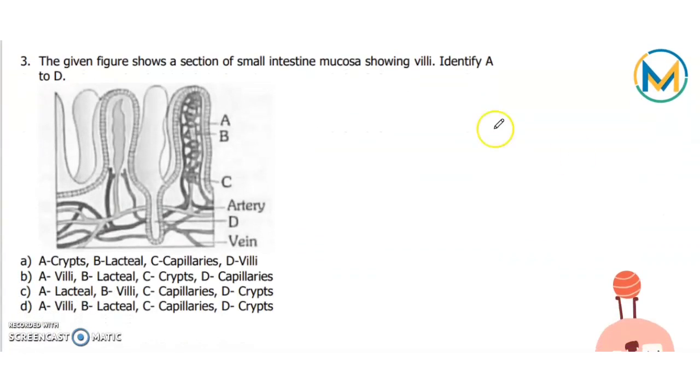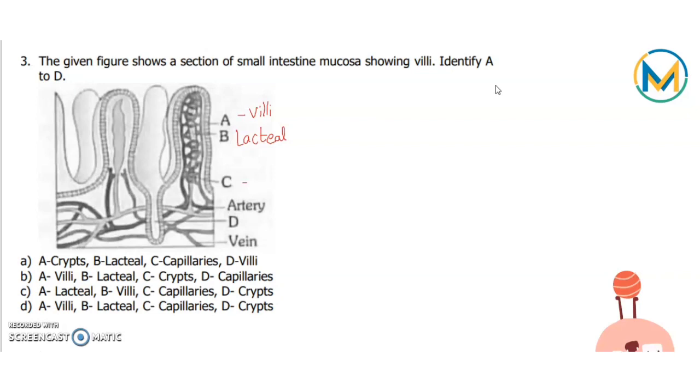The given figure shows a section of small intestine mucosa showing villi. Identify A, B, C and D in this given diagram. So here this A is villi. This part B is the internal part which is lacteal. Now the C is this blood veins in the capillaries.